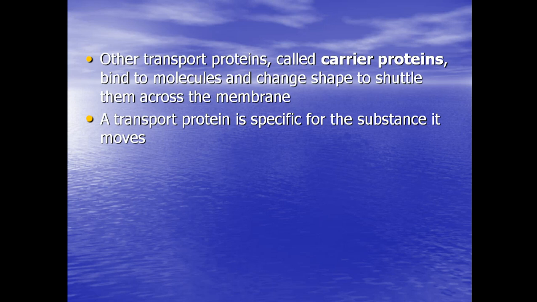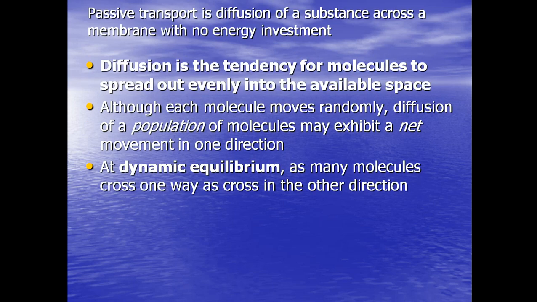But when these carrier proteins bind with the molecules, they bring conformational changes to their shape and make them shuttle across the membrane. A transport protein is very specific for the substance it moves. One type of transport protein or carrier protein will not be able to help for another molecule. Only specific molecules of that type can be transported across the membrane.